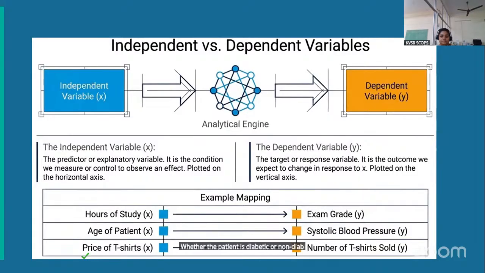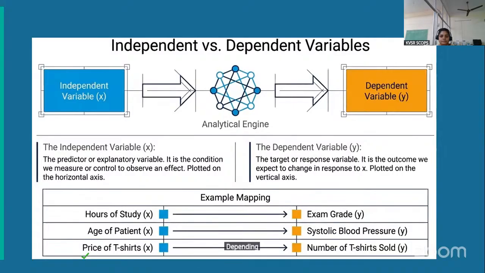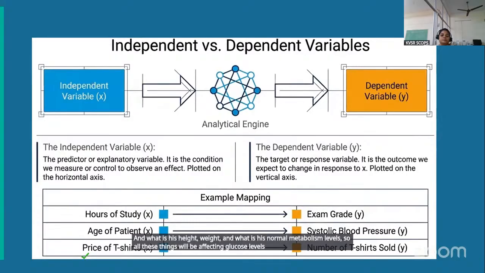But if I consider the glucose levels as a dependent variable, then my whole calculation becomes wrong, because glucose levels will again depend on the patient conditions, his height, weight, and his normal metabolism levels. All these things will be affecting glucose levels, and based upon these glucose levels you are going to segregate whether the patient is diabetic or non-diabetic. So you have to identify exactly what your dependent variable is and what the independent variables are.